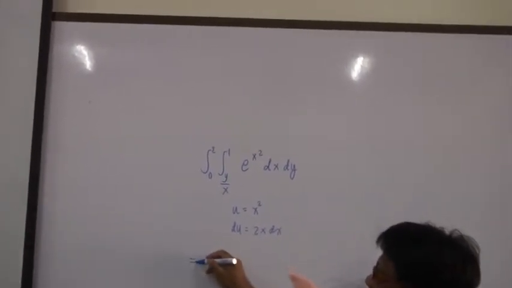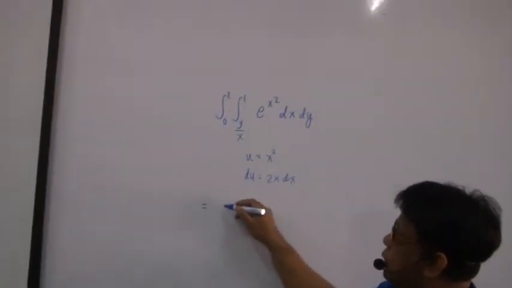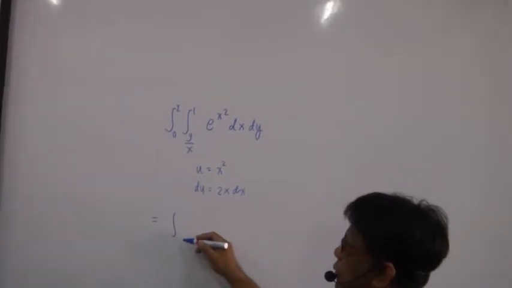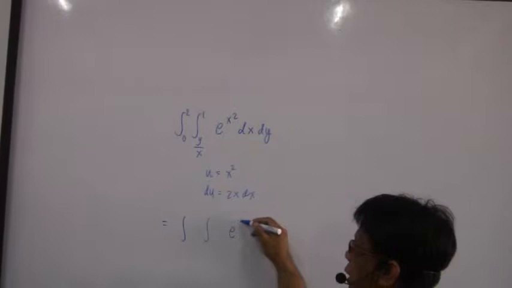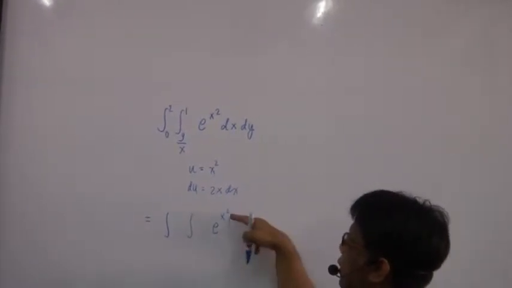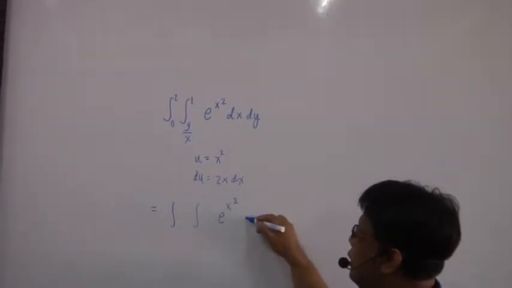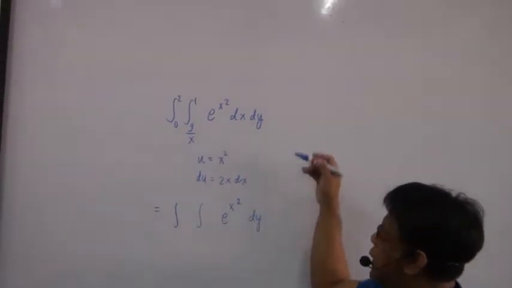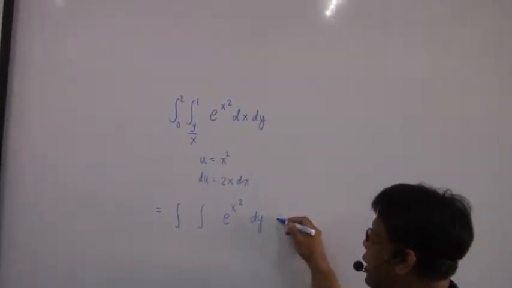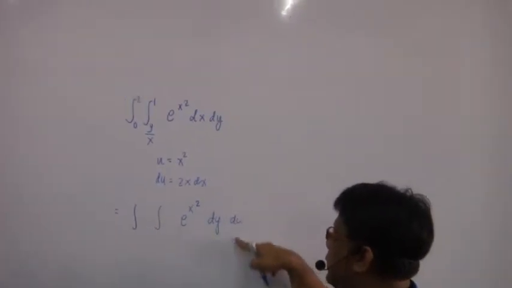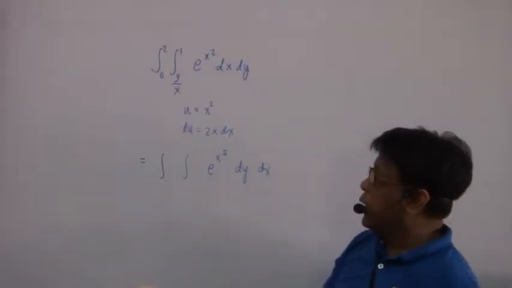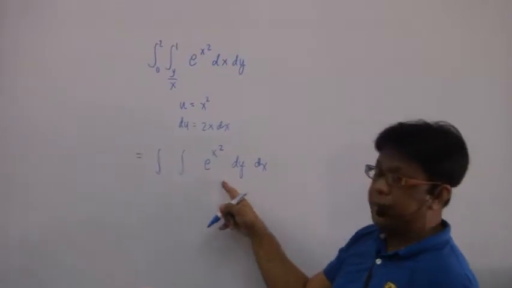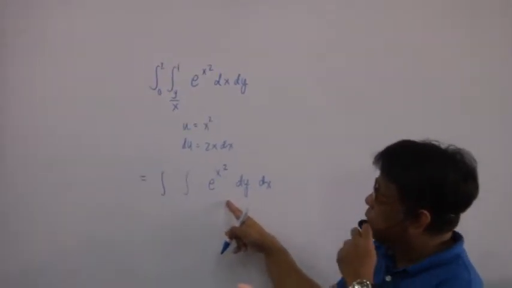And how do we obtain the reversed order of integration? When we change the limits, the function will still be e raised to x squared. Then we reverse the order of integration, that is from dy, then we have dx. How are we going to obtain the limits for this reversed order?